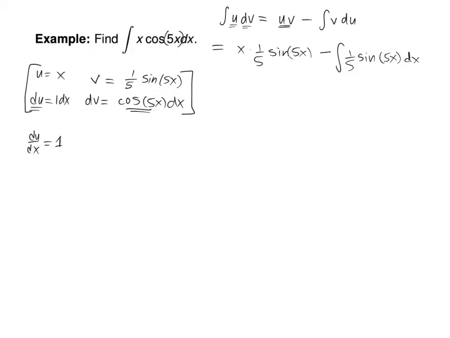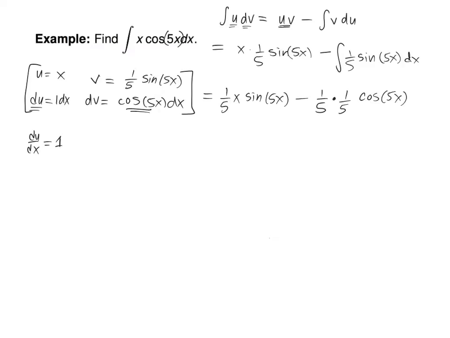Yeah, pretty easily, right? So we have the 1/5 x sine of 5x just hanging around, minus the 1/5 that's already present has to factor out of the integral, times another 1/5, and that's going to be, is it negative cosine? Yep.